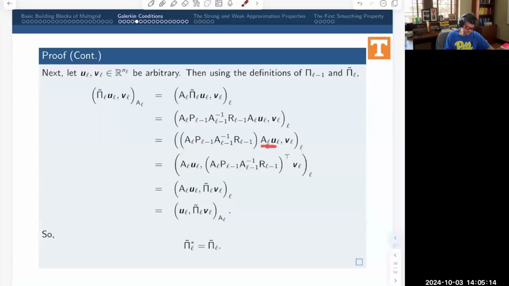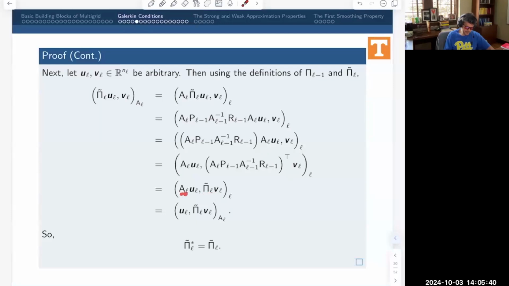What we're left with on this side is just A_L u_L. When we threw this guy to the other side, it becomes the transpose of all that. So that means we do R_{L-1} transpose. That's P_L. This is self-adjoint, because remember, we assumed that it's a family of self-adjoint operators. This becomes R_{L-1}, and this guy is also self-adjoint. So what we get back is just the pi L tilde matrix.